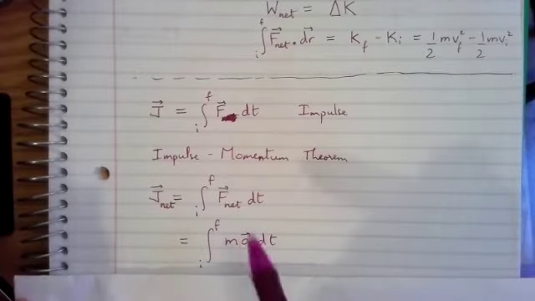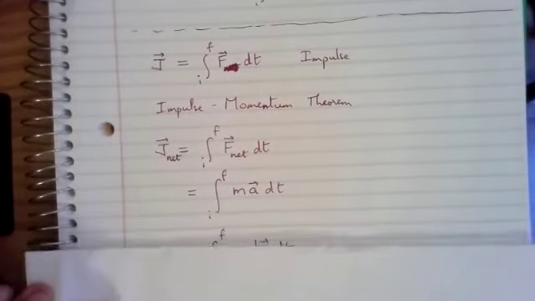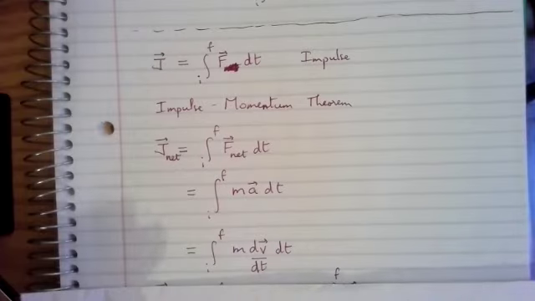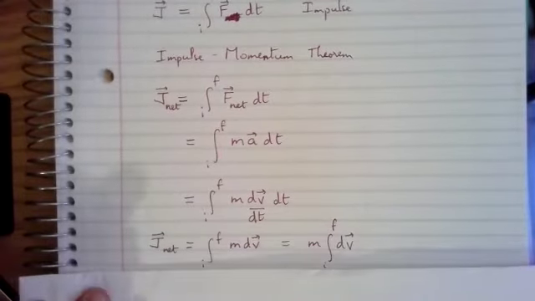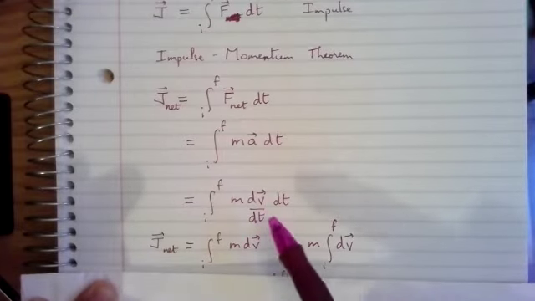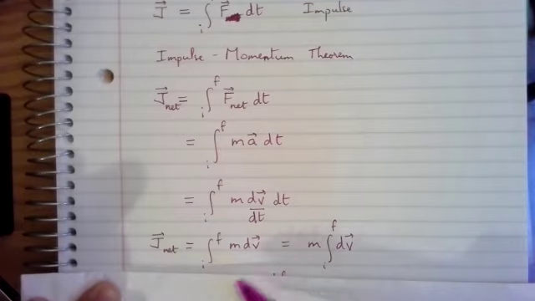By Newton's second law, we can replace the net force with simply mass times acceleration. But acceleration is dv over dt. So we have dv over dt times dt, so that's simply dv.